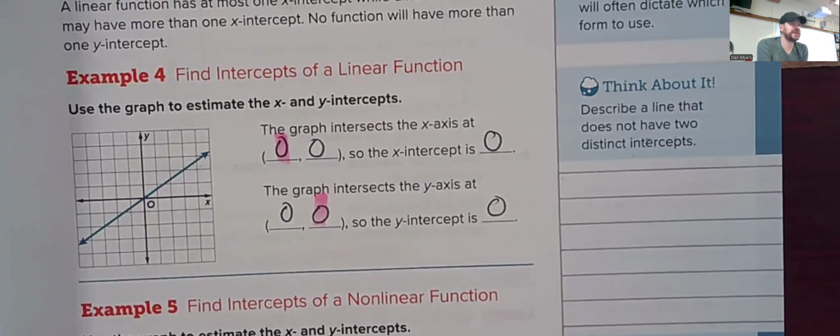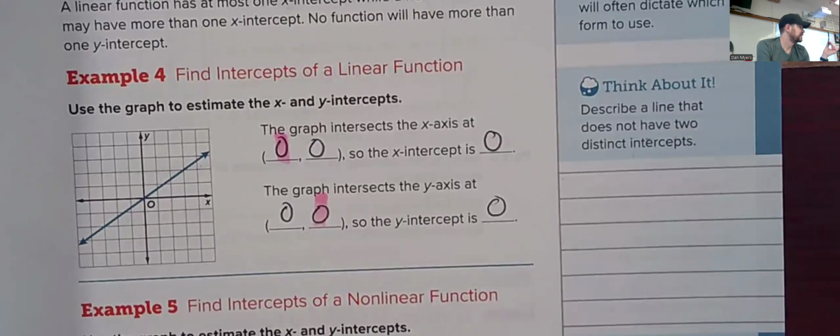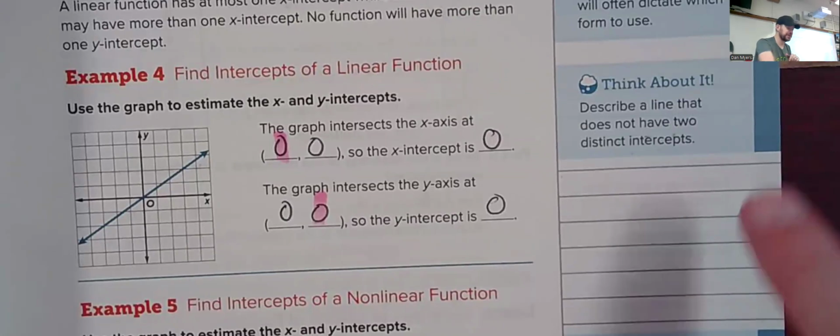And what kind of a line would that be? I would maybe argue against the straight up and down, because I'd probably argue that that isn't a function. But in terms of horizontal, yeah, a horizontal line only crosses the y-axis. It is a function. A vertical line only crosses the x-axis, but it's not a function because you've got repeated x values. So yeah, horizontal line would be the answer for this one here.